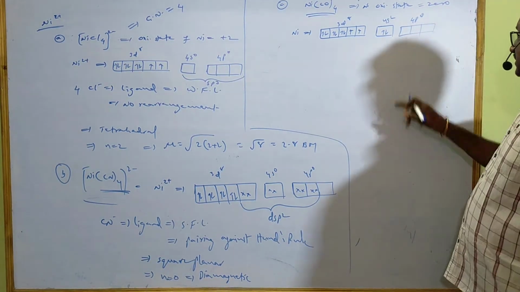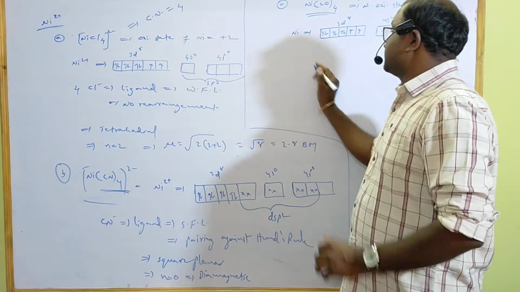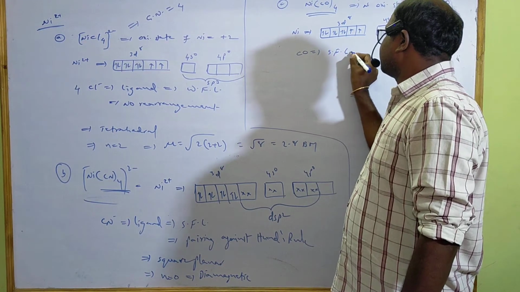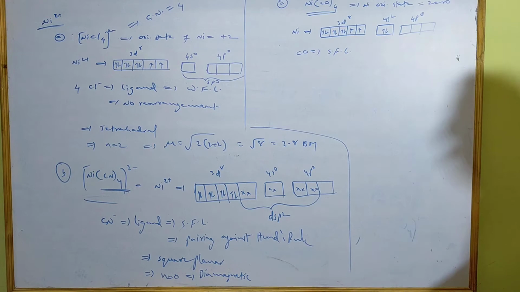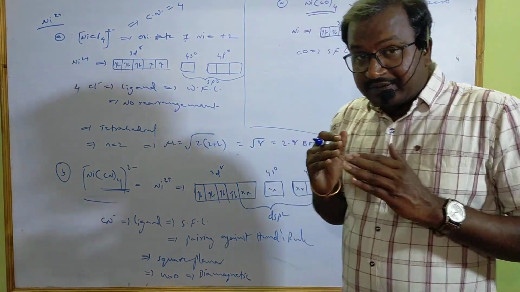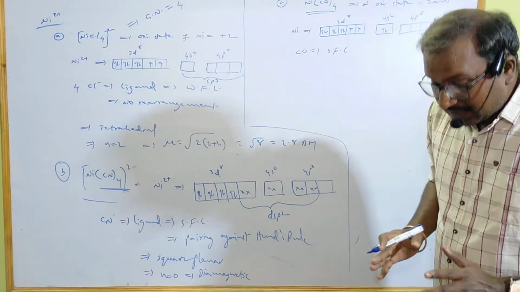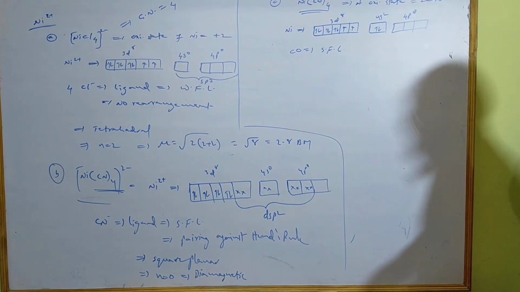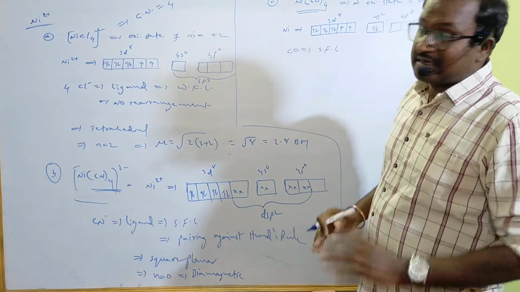Based on this, one thing, CO is a strong field ligand. Already told you. And in valence bond theory the inner electrons will be filled in the orbitals according to Hund's rule. However, if strong field ligands are present, the electron pairing takes place against Hund's rule.